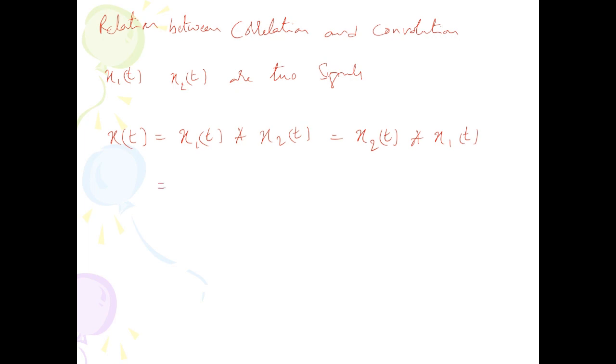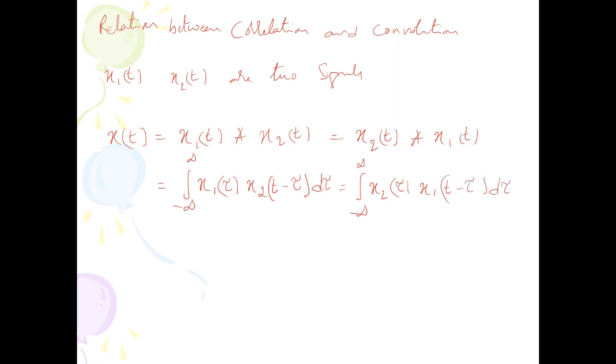Simplified, this is the integral from minus infinity to plus infinity of x1 of tau x2 of t minus tau d tau, and similarly the integral from minus infinity to plus infinity of x2 of tau x1 of t minus tau d tau.